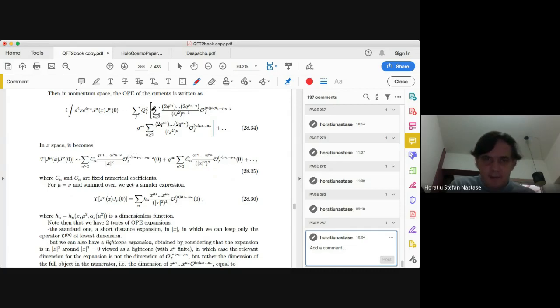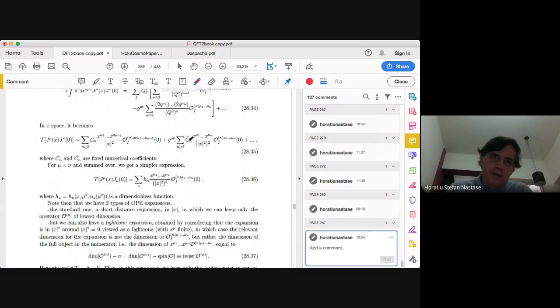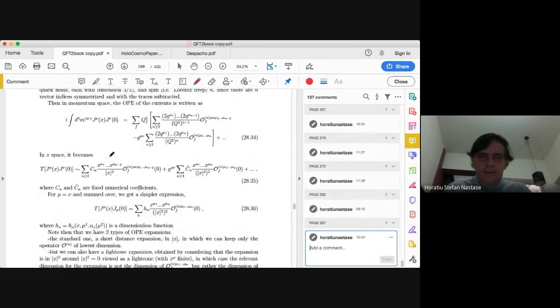This doesn't seem to work out. Okay, this also works out for the same reason. And then, of course, the coefficients in here are just numbers. They should not be functions of x.